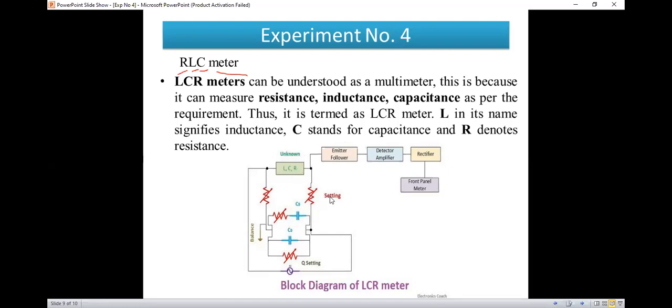Then there is a setting switch, and one balancing. Then emitter follower, detector, amplifier, rectifier, and front panel meter. These are just the block diagram. I will show you the LCR meter equipment I have. It will measure the value of inductor, resistor, and capacitor.